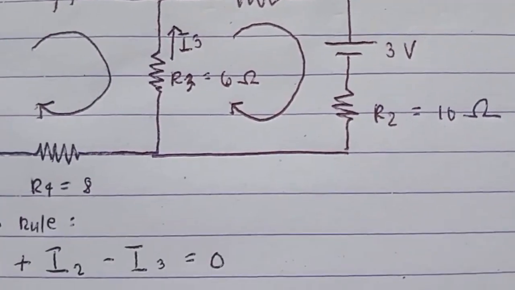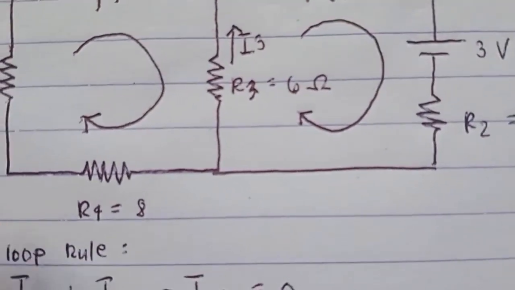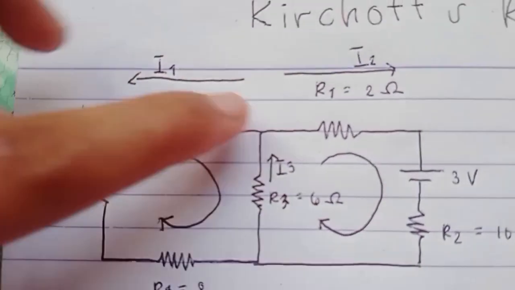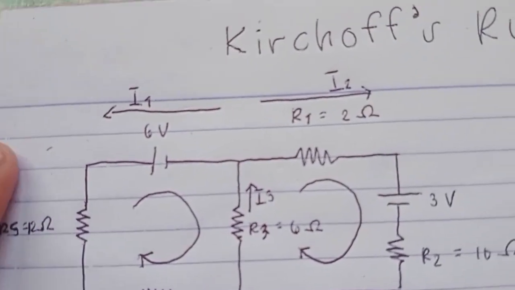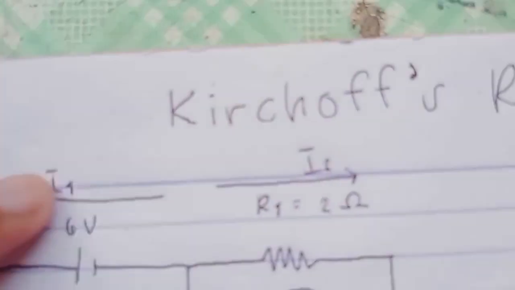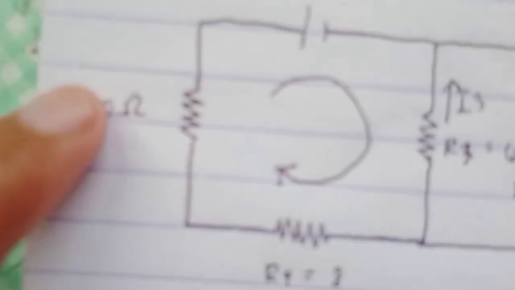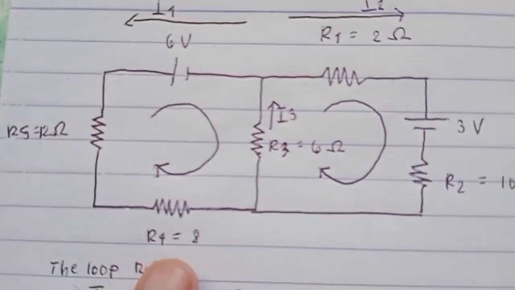Then the next one would be I1R4. All of this area here follows I1, because I1 is going this way. So this is I1, this is I1, and this is I1.